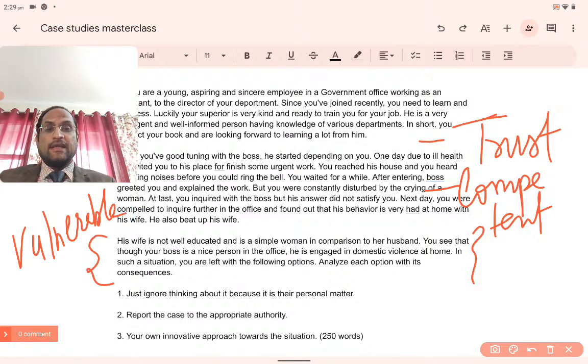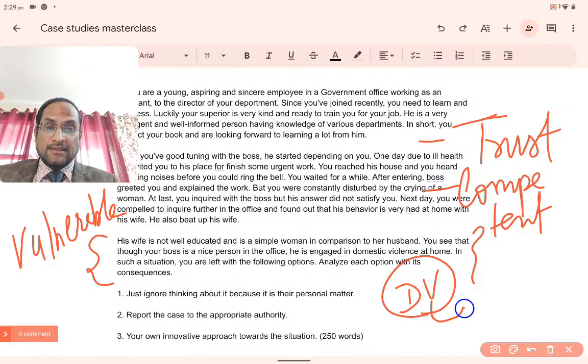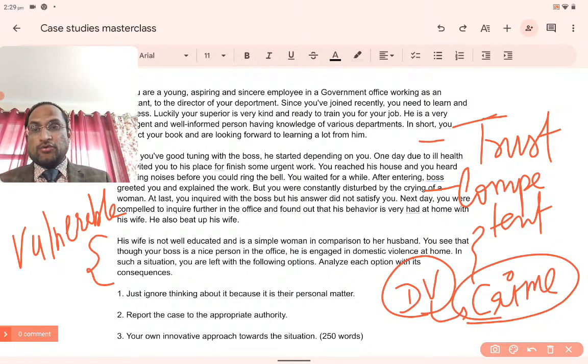The law being broken here is domestic violence. The crime here is domestic violence. You are a witness to it because you have heard the cries and you have gathered information from the office, and office colleagues have told you that your boss is involved in domestic violence.